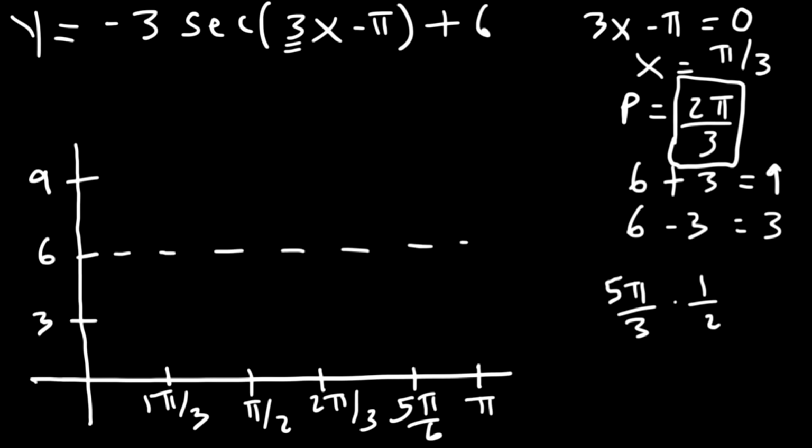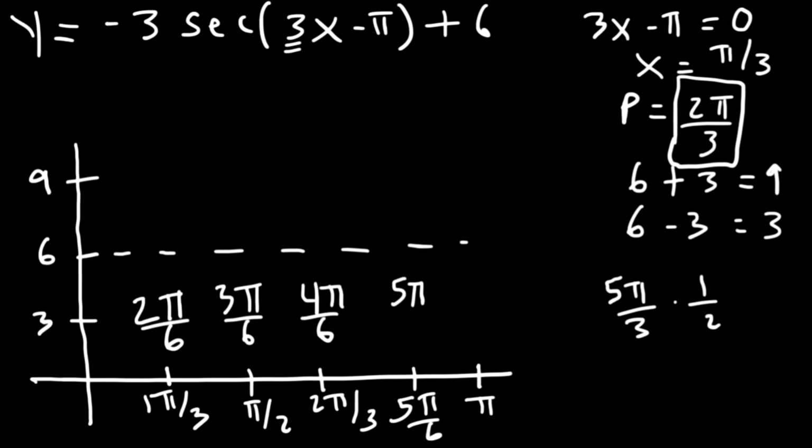Now you could see it in terms of 6. 1 pi over 3 is the same as 2 pi divided by 6. Pi over 2 is 3 pi over 6. And then it's going to keep increasing by 1 pi over 6. 4 pi over 6 can be reduced to 2 pi over 3. The next one is just 5 pi over 6. You can't reduce that. 6 pi over 6 can be reduced to pi. So if you have the first one, you can find the others if you get a common denominator, so to speak.